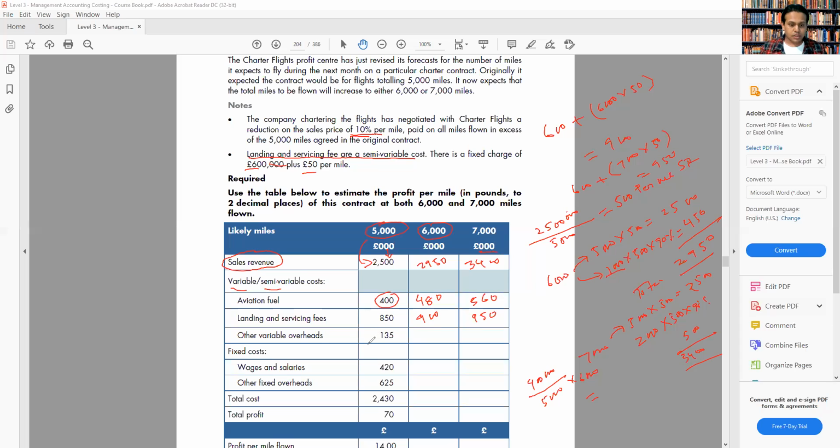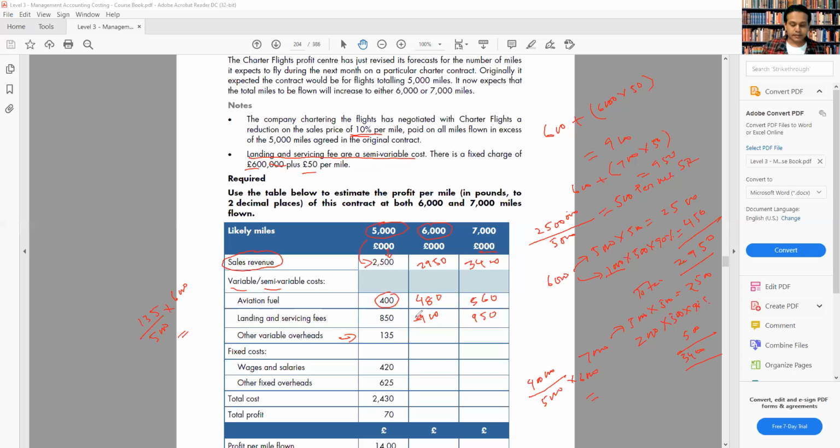Other variable cost. So the other variable cost is 135. The way we did before, we do the same way. So 135 divided by 5,000 times 6,000. That will give you the other variable cost for 6,000 unit.